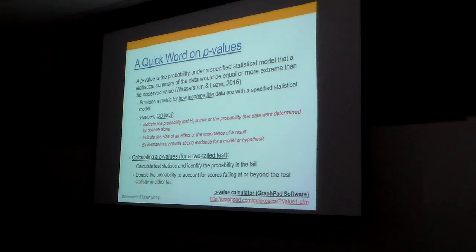And so let's say you're running a t-test, right, and you go through and your critical value is 2.01, and you actually find your test statistic is exactly 2.01.